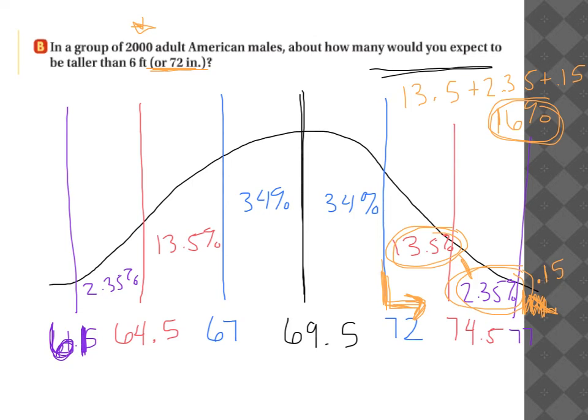So 16% of the group, so you should multiply by 2,000 is what I'm looking for. If you do 0.16 times 2,000, you would get about 320 males would be greater than 6 feet tall.